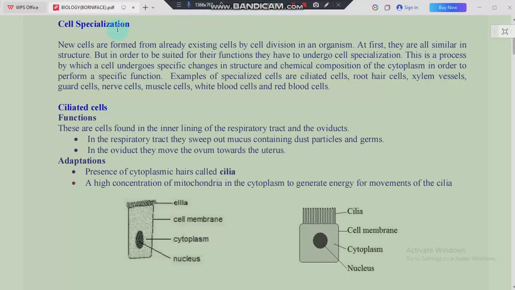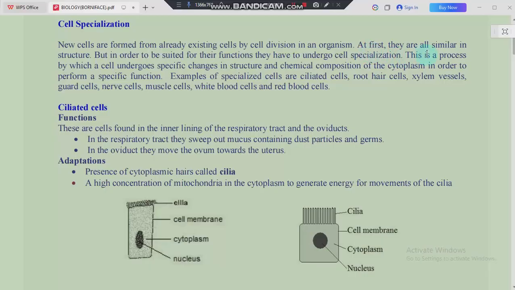So, today in biology, I wanted us to look at a topic that we call cell specialization. We need to understand that new cells are formed from already existing cells by cell division in an organism.